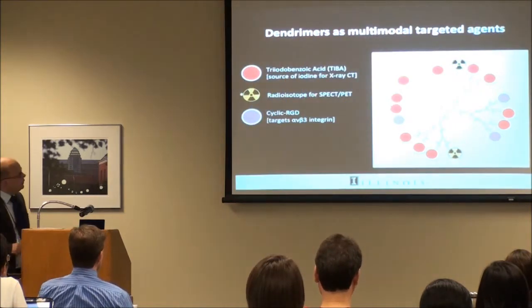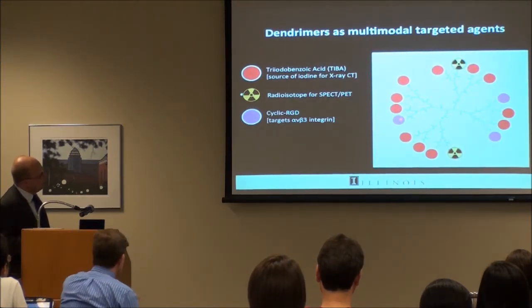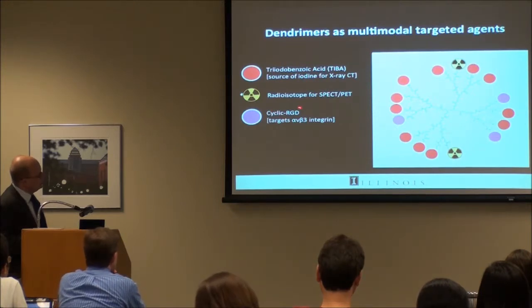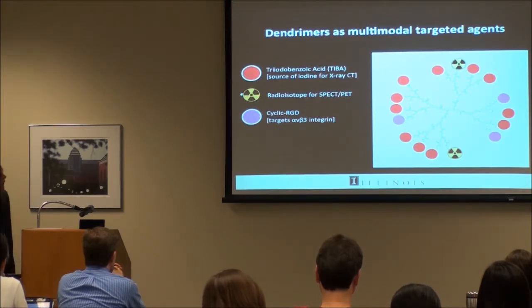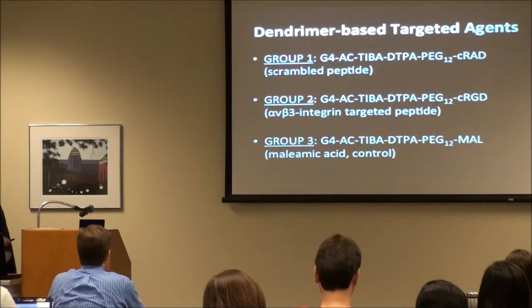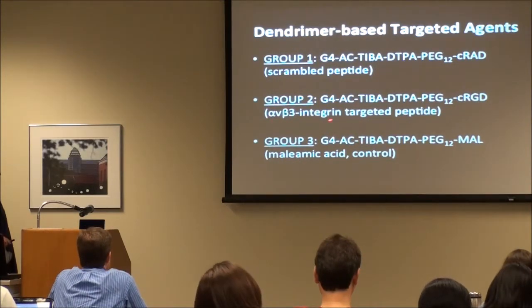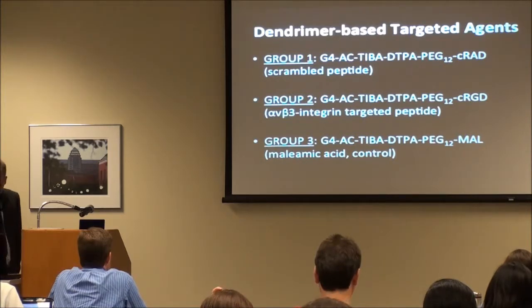But then finally, we added some targets. Some of the branches were bioconjugated with a cyclic RGD, which targets alpha V beta 3 integrin. Then we did a study with 3 different groups. One group was the alpha V beta 3 integrin targeted peptide, and 2 were scrambled peptides or control groups.